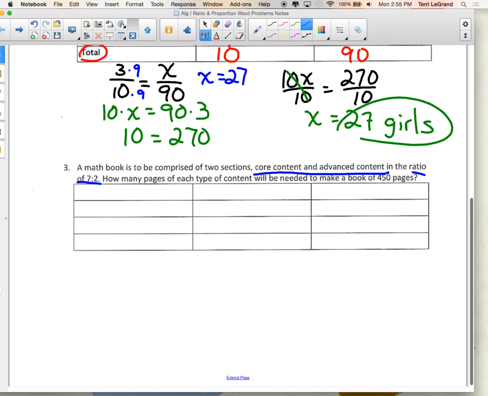Okay, so when you're setting up your own ratio box, are you here with me, Trevor? Cool. When you're setting up your ratio box, you're going to want a column that shows ratio numbers, and one that shows actual numbers.